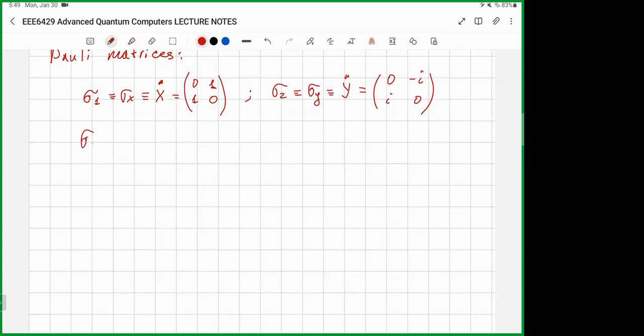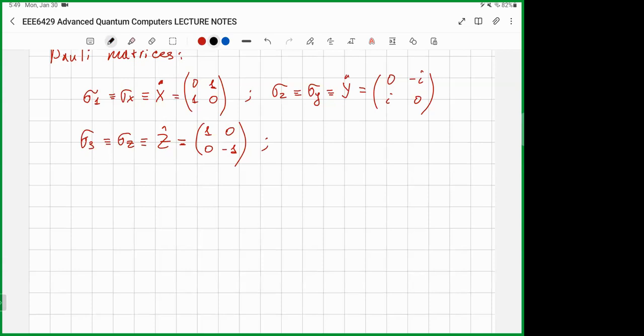Another one, the third one, sigma 3, which is the same as sigma z, the z operator or matrix. And this is simply 1, 0, 0, -1. Right? So these are the three Pauli matrices.